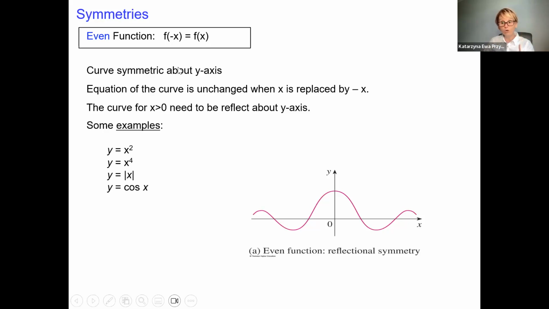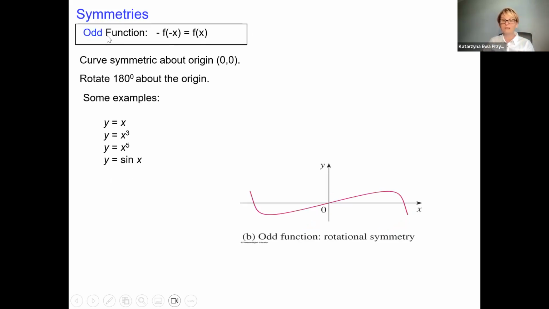We may have an odd function, but an odd function is not symmetric with respect to x, because if we had something symmetric with respect to the x-axis, it would not be a function. An odd function is symmetric with respect to the origin. When we take a graph and rotate it 180 degrees, it will be the same graph. Those are the examples. That's just a random curve.